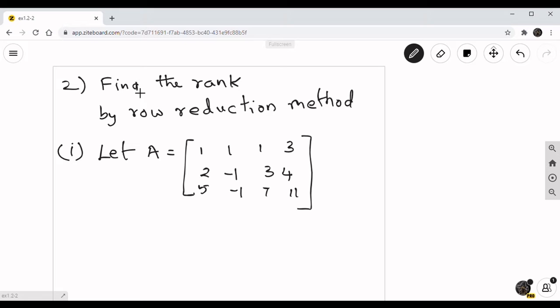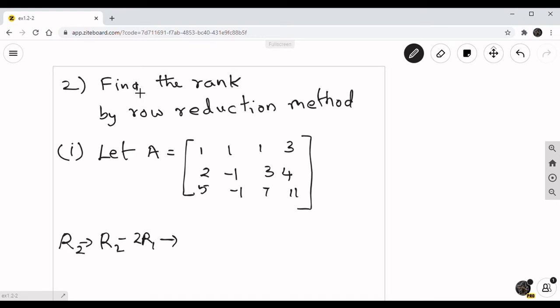So here what we are going to do, row 2 is adjusted as row 2 minus twice of row 1.